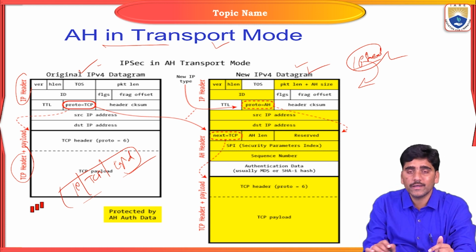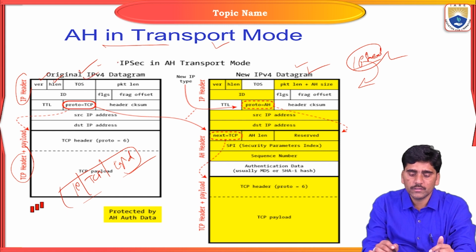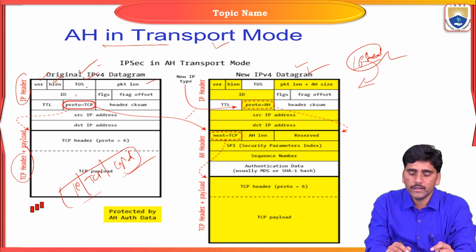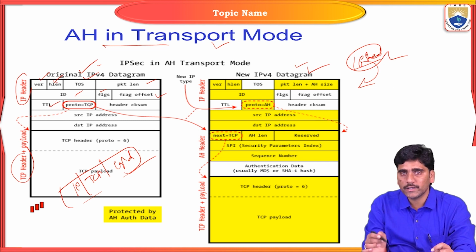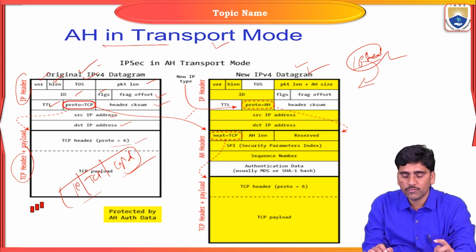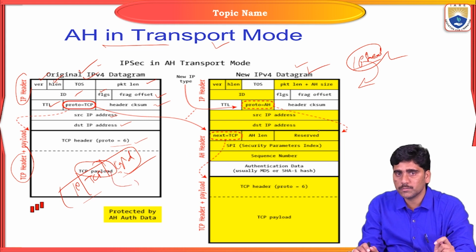The IP header has fields like version, header length, type of service, packet length, ID, flag offset, time to live, protocol, which indicates the next protocol, that is TCP, and the header checksum, source IP address, and destination IP address. Then the TCP header, and the TCP payload, which is nothing but TCP data.